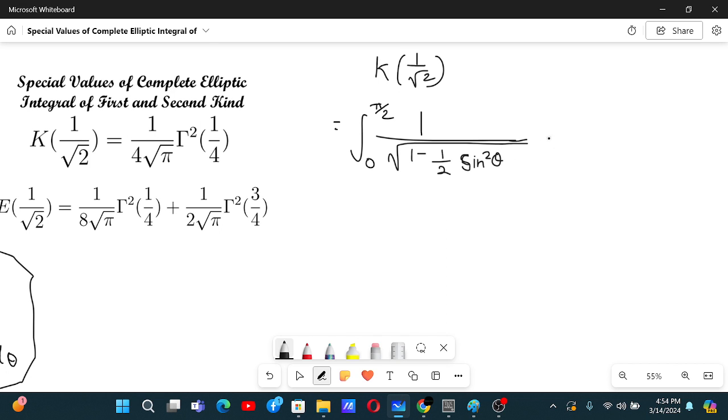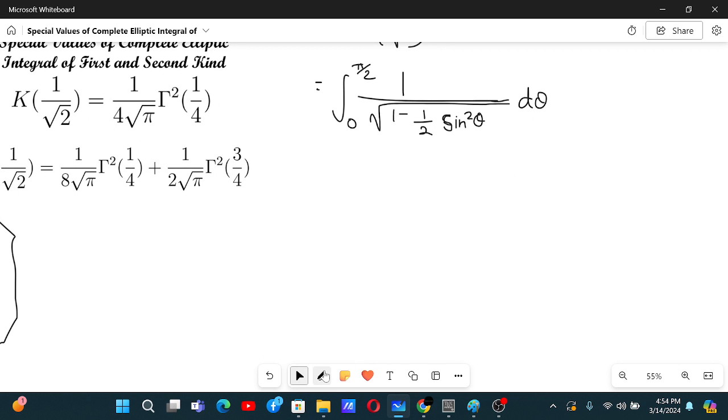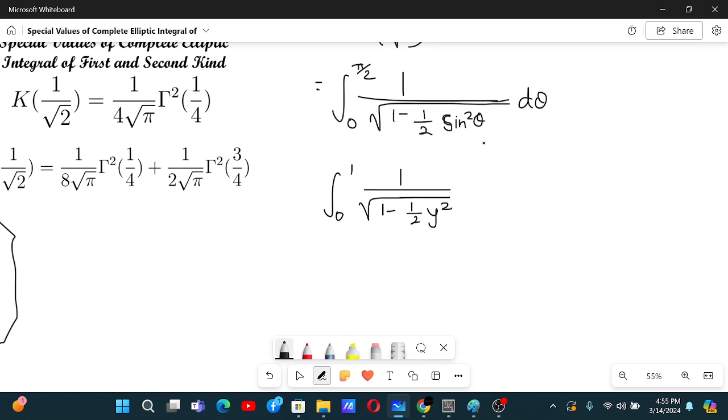and d theta. Now if we let y equal sine theta, we get the integral from 0 to 1 of 1 by root under 1 minus 1 by 2 y square, and also since y equals sine theta, theta equals sine inverse y, that's why we have 1 by root under 1 minus y square dy.